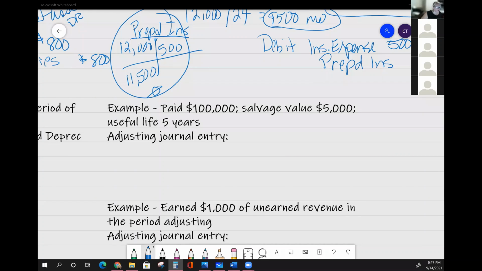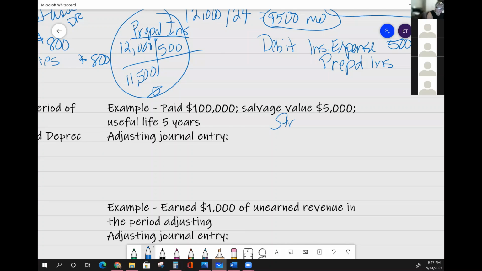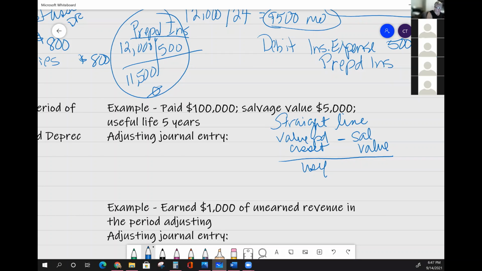So when you're doing straight line depreciation, it's going to be the value that you paid for the asset, and then you'll deduct the salvage value, and that'll be divided by the useful life. So you want to make sure on straight line depreciation you use the salvage value.